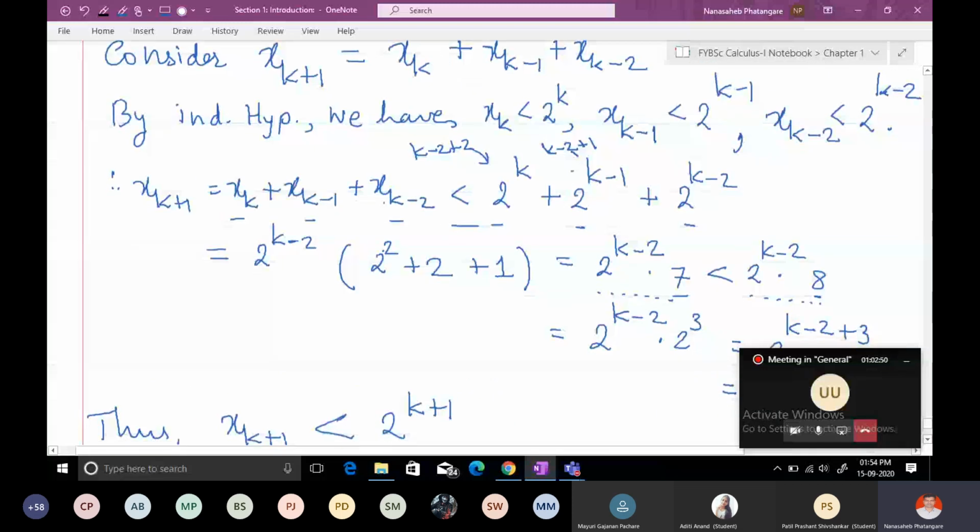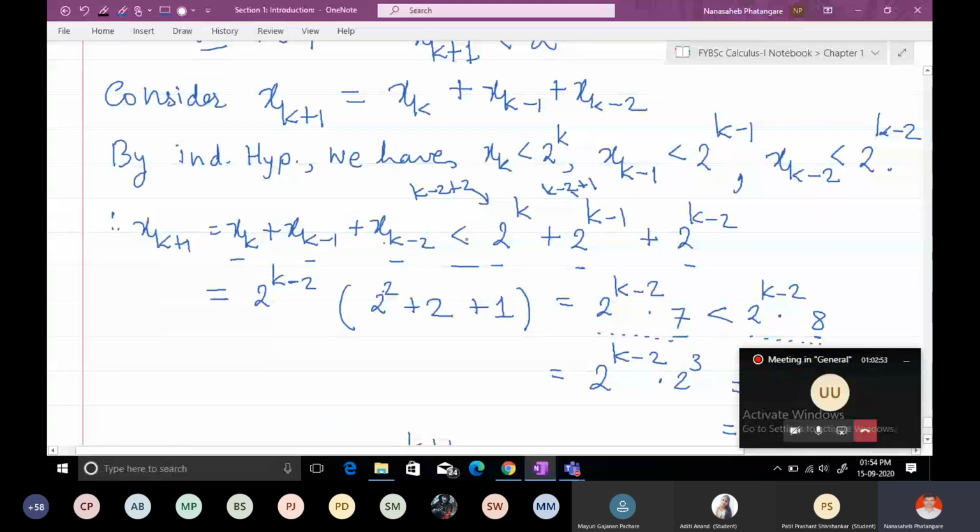So if we compare term by term, each term in the second expression is larger, and therefore the total sum is larger because I am replacing each term by a larger amount. Do you understand this?